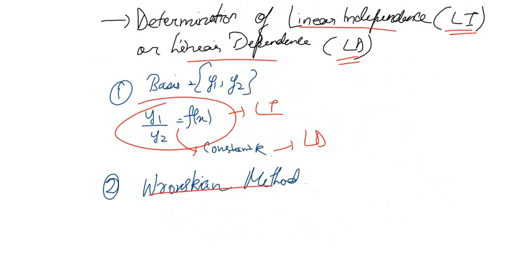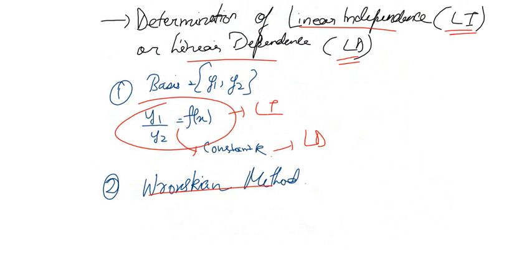One is the easiest of them all, which you should definitely try to apply, which is nothing but y1 divided by y2. If y1 by y2 is a function of x, then it is linearly independent, and if it's some constant k, then it is linearly dependent.